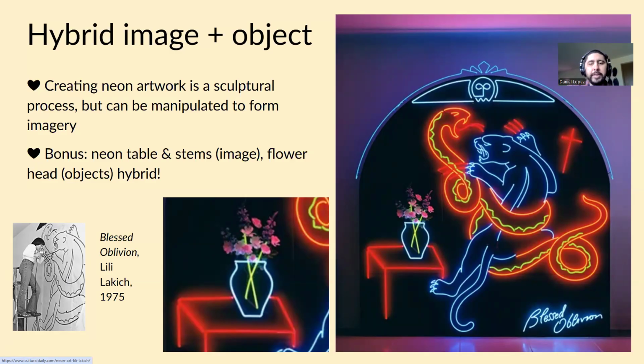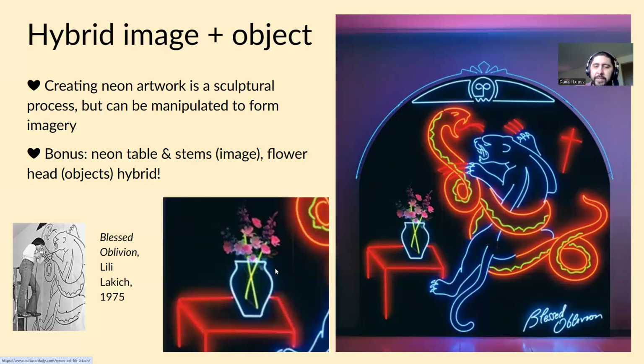But here you see it's a sculptural piece where it's a big heavy thing, but also it's depicting imagery of a snake and this cougar. All right, so it's an object, but it also holds imagery within it. The neon tubes are bent to look like certain things that exist in the real world. Okay.